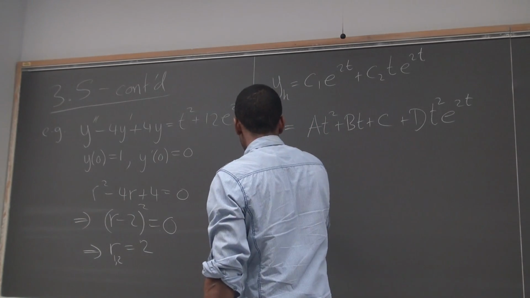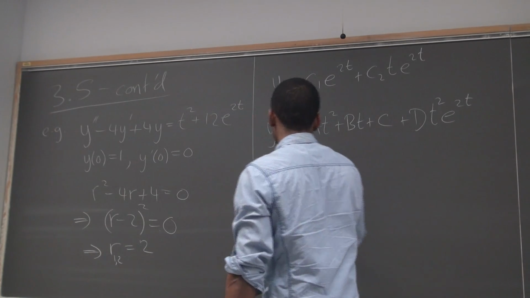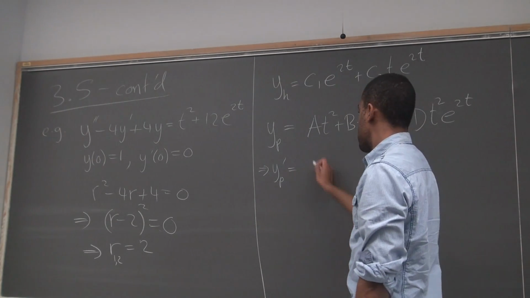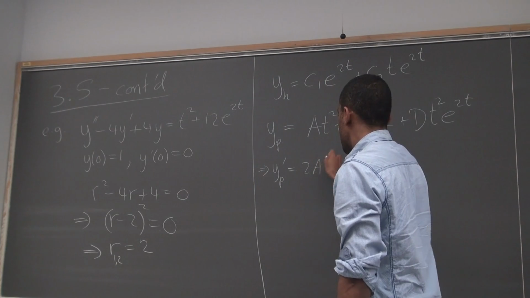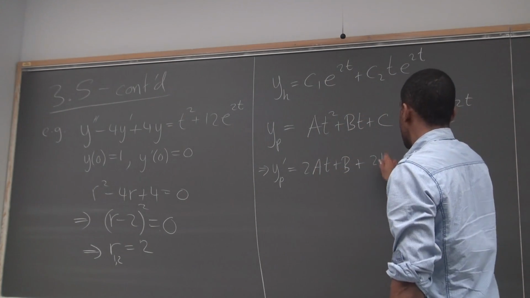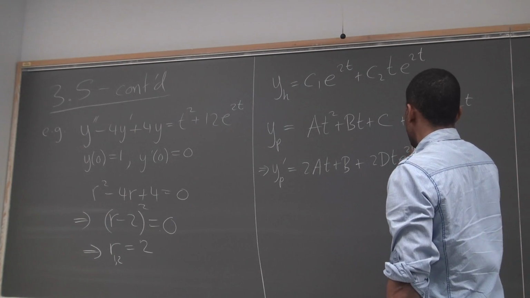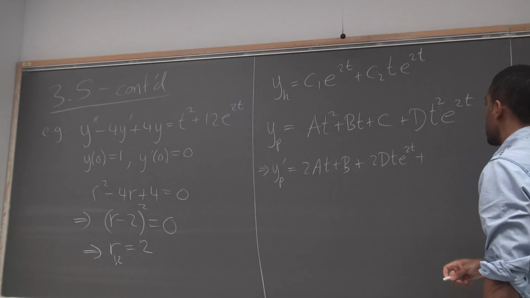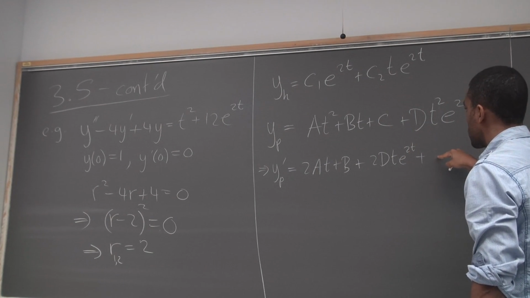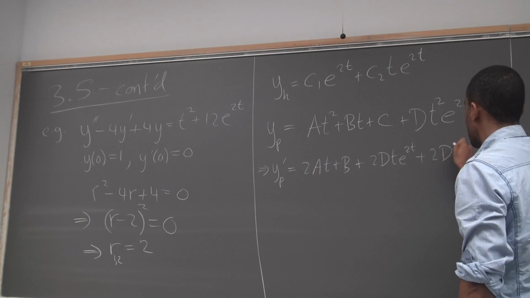So if that's our yp, what does yp prime look like? 2at plus b, plus 2dt e to the 2t, plus dt squared e to the 2t, plus what? dt squared e to the 2t. Two, yeah.